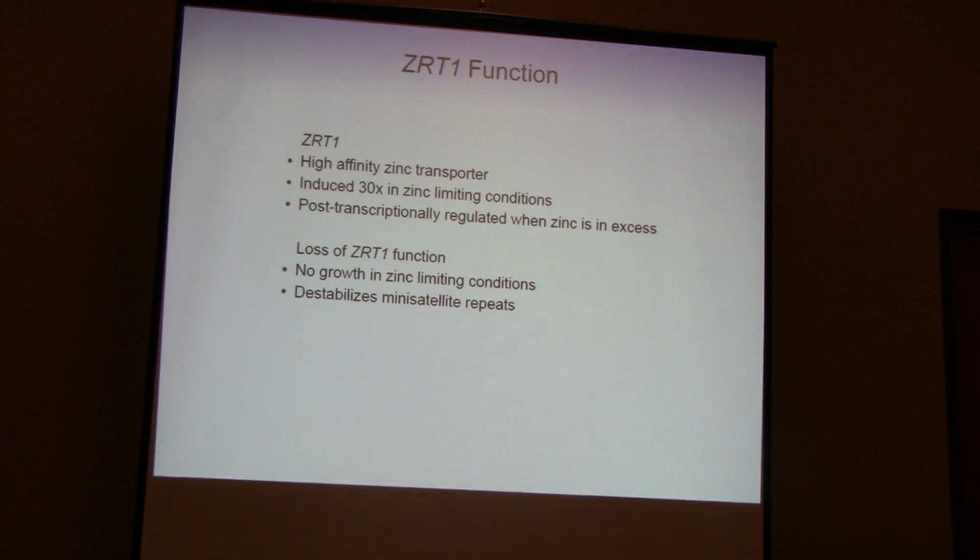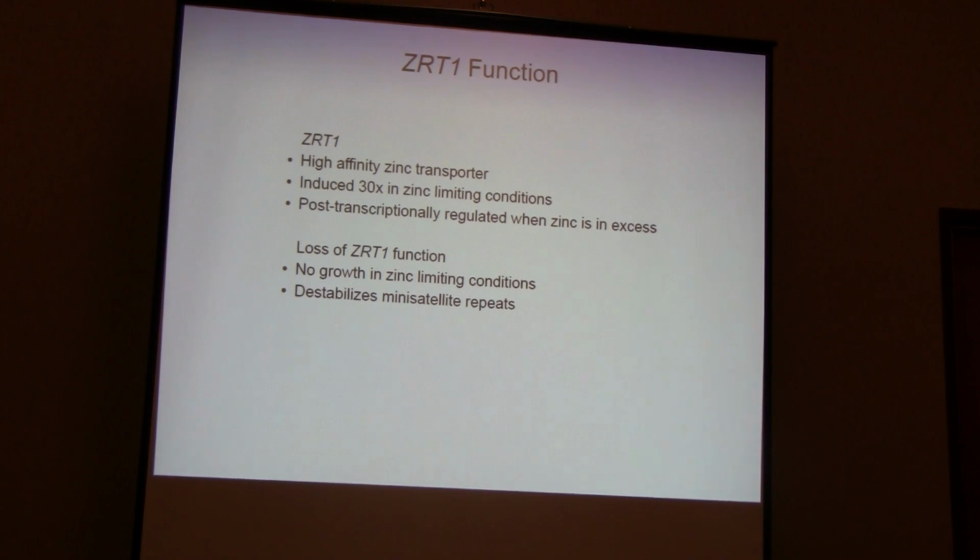So what is ZRT1? It's a high affinity zinc transporter. Its expression is induced about 30-fold under zinc limiting conditions. It's also post-transcriptionally regulated, so that when zinc is added back into the media, it's moved away from the membrane and back into the cytoplasm of the cell.